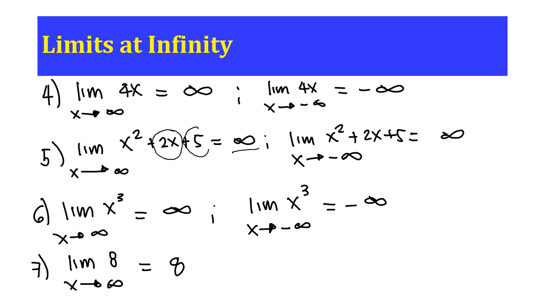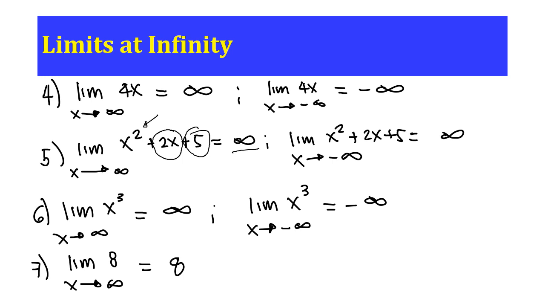Katulad nito, this is less significant than this term. Kasi kapag ito, pinlug in mo halimbawa 1,000 squared, that will be 1 million. Ngayon, kung 1,000 ang i-plug in mo dito sa 2x, that will be 2,000. That is nothing compared to this x squared. Therefore, yun lang po ang i-concentrate natin.